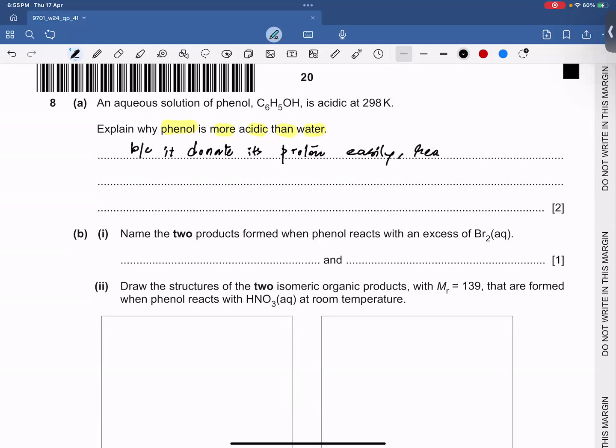Reason is oxygen donates its lone pair into the benzene ring because OH is an ortho-para directing group.